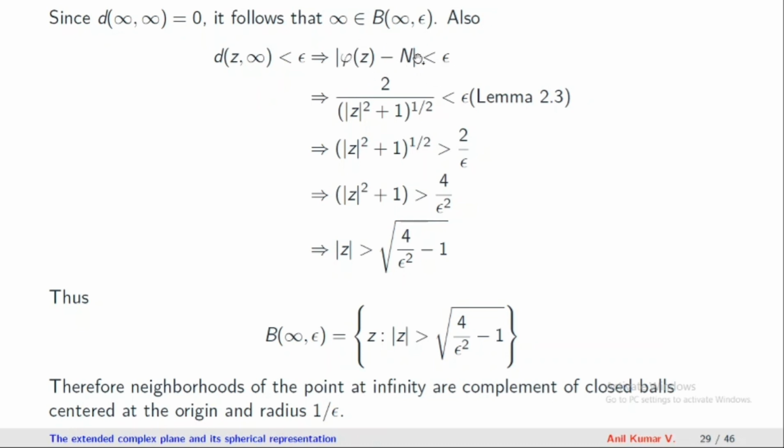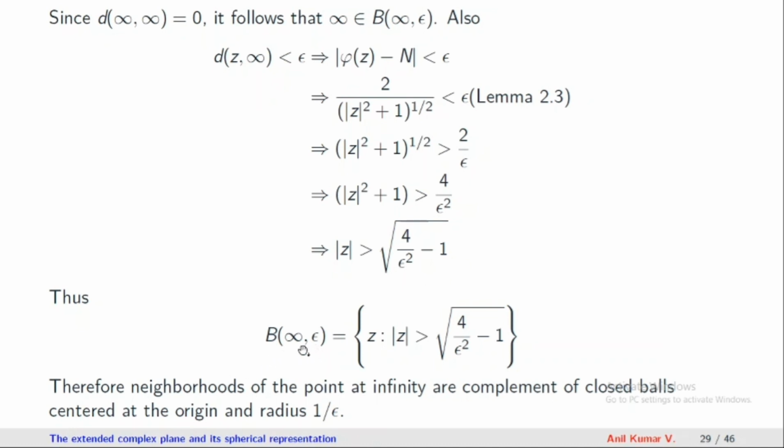But we have already proved that the spherical distance, that is the distance between z and infinity, is 2 divided by square root of modulus of z squared plus 1. But this is less than epsilon means modulus of z is greater than square root of 4 by epsilon squared minus 1.